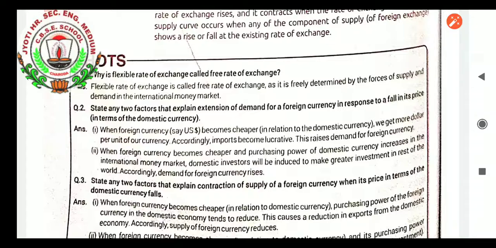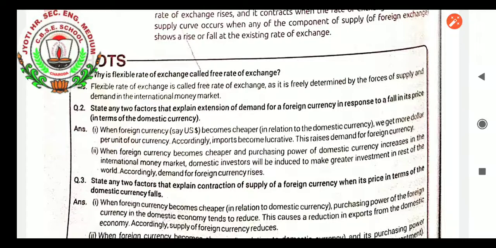As we know, domestic currency value is very low as compared to foreign currency, but in some situations when foreign currency value is going down, at that time we can use our currency value to make more investment in the foreign countries, and there are so many benefits regarding these investments.